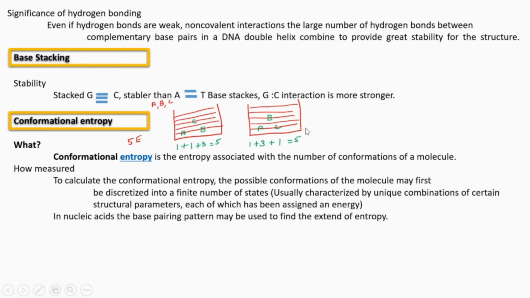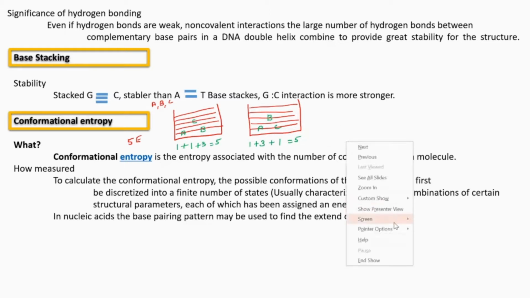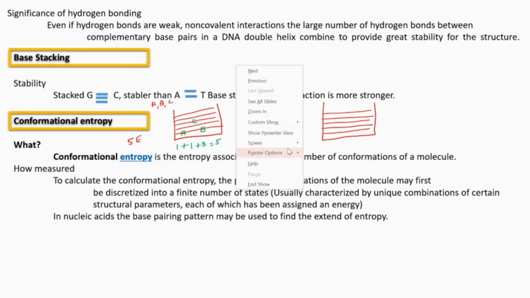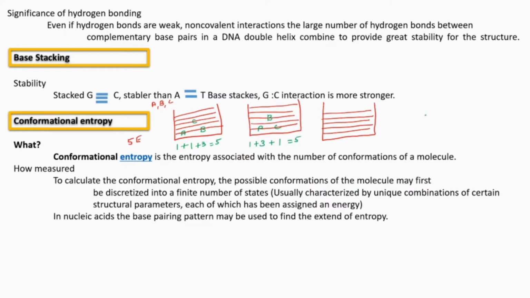Then I am going to draw another possible way of organizing inside the box: 1, 2, 3, 4, 5. Here I am going to arrange the 3 molecules.